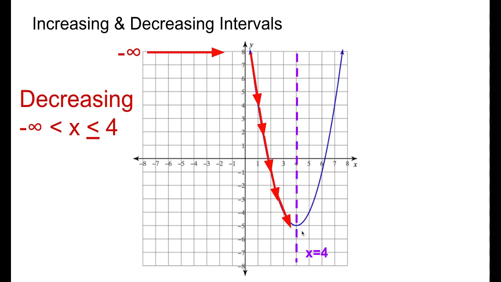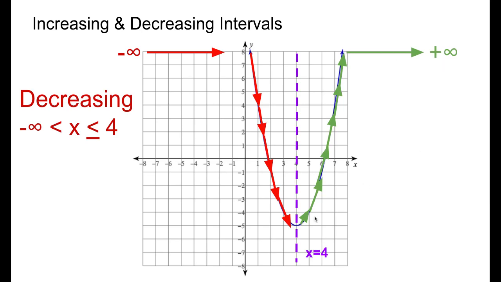Then on the other side of the graph, where it turns around, starting at that axis of symmetry, our graph begins to increase, again at x equals 4. It increases to the right, and it continues to increase as we approach positive infinity.